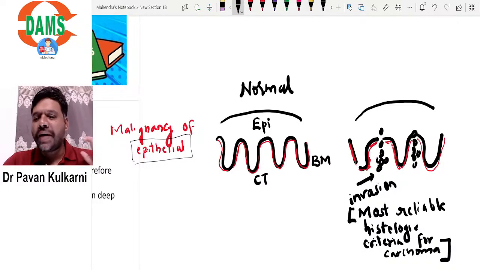After knowing this basic concept, what the epithelium is, what is present between the epithelium and connective tissue, and what invasion is, let us understand the histopathology of oral cancer.